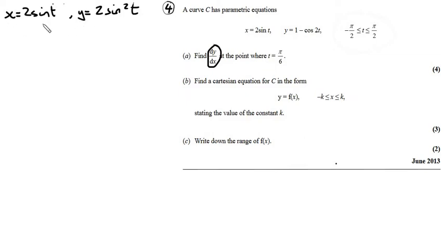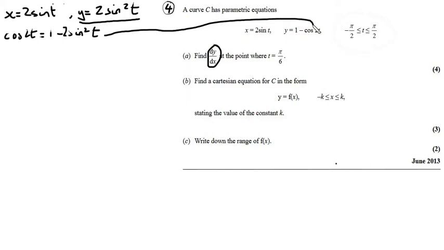In the previous part, we found that y equals 2 sine squared t, and the way we got to that was through the double angle formula, cos 2t equals 1 minus 2 sine squared t, and we just plug that in to this formula here, and that's how we got y equals 2 sine squared t.